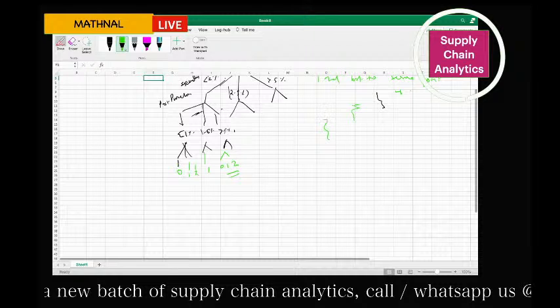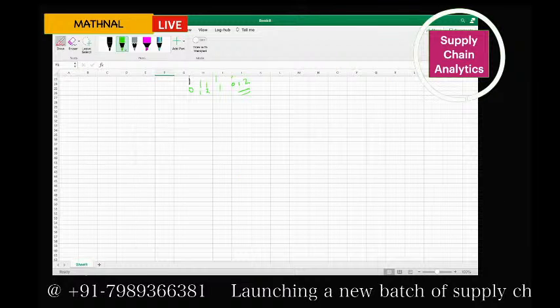This is how we can create variables within variables. I can also put a fourth variable below this RFQ.